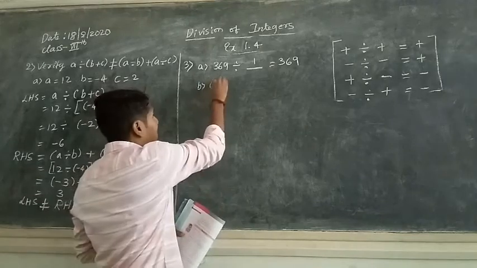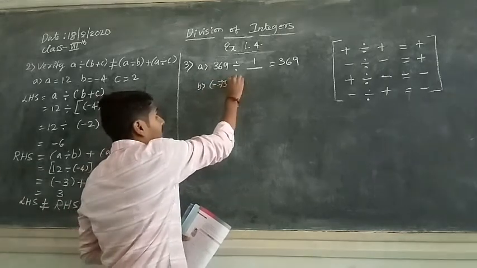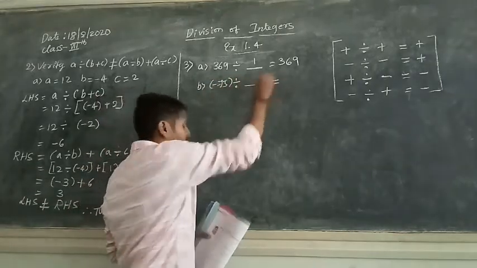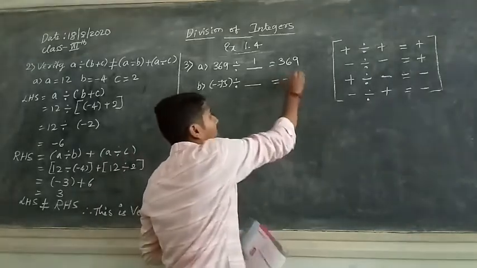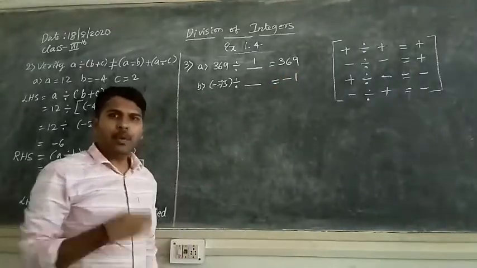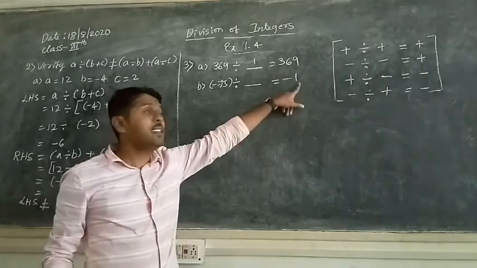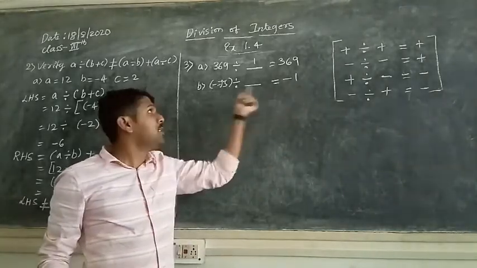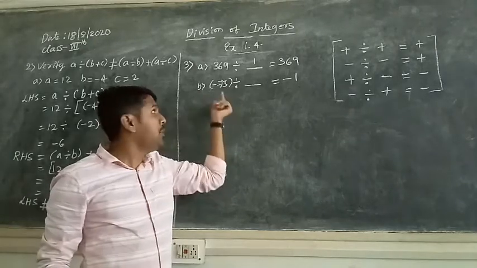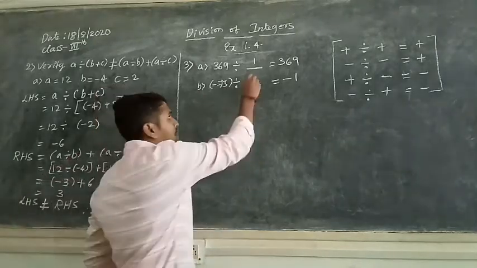Minus 75 divided by blank equals minus 1. Okay. If we divide any integer by the same integer, we get the answer as 1. So here 75 is there. Divide 75 by 75.